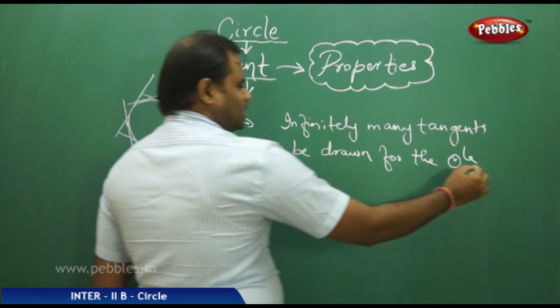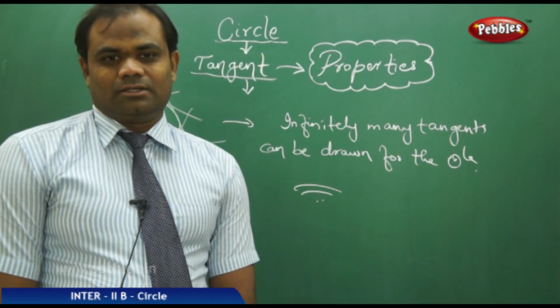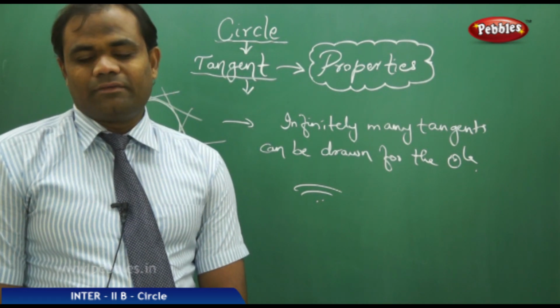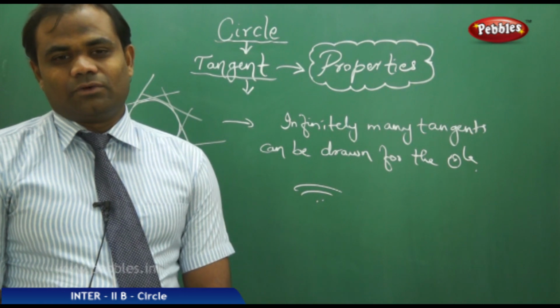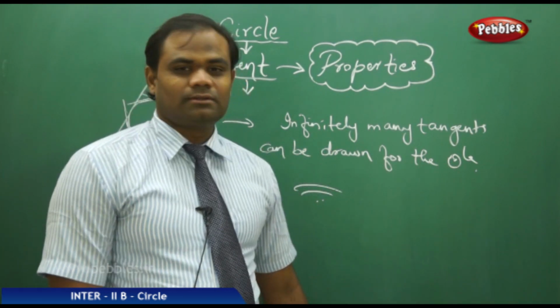This is how I understand the tangent property for a circle, because the circumference has infinitely many points, therefore every point has a tangent, therefore infinitely many tangents can be drawn for the circle.